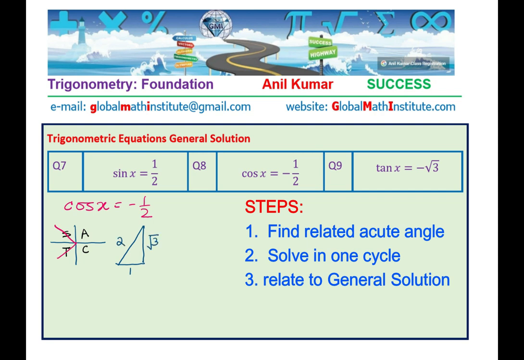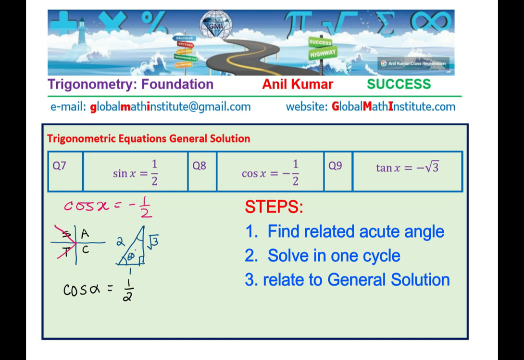So I prefer to make this 30, 60, 90 triangle, correct? And this angle, which is 60 degrees, gives you cos of half. So now from here, related acute angle, cos of alpha equals to half. Related acute angle means less than 90 degrees, and in quadrant 1, all are positive.